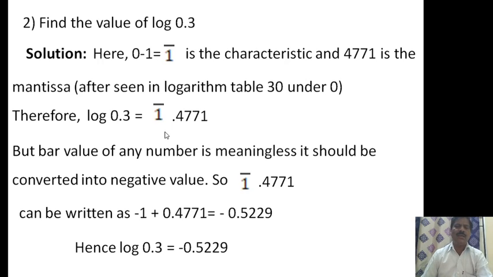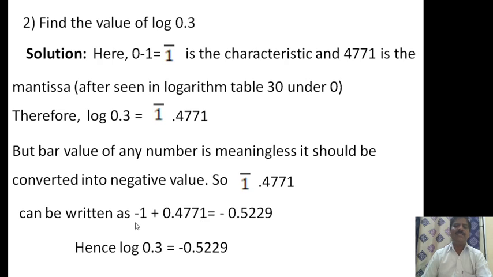It is for calculation purposes. In commercial use we use negative and positive values, but not the bar value. That should be converted into a negative value. So bar 1.4771 can be written as minus 1 plus 0.4771.